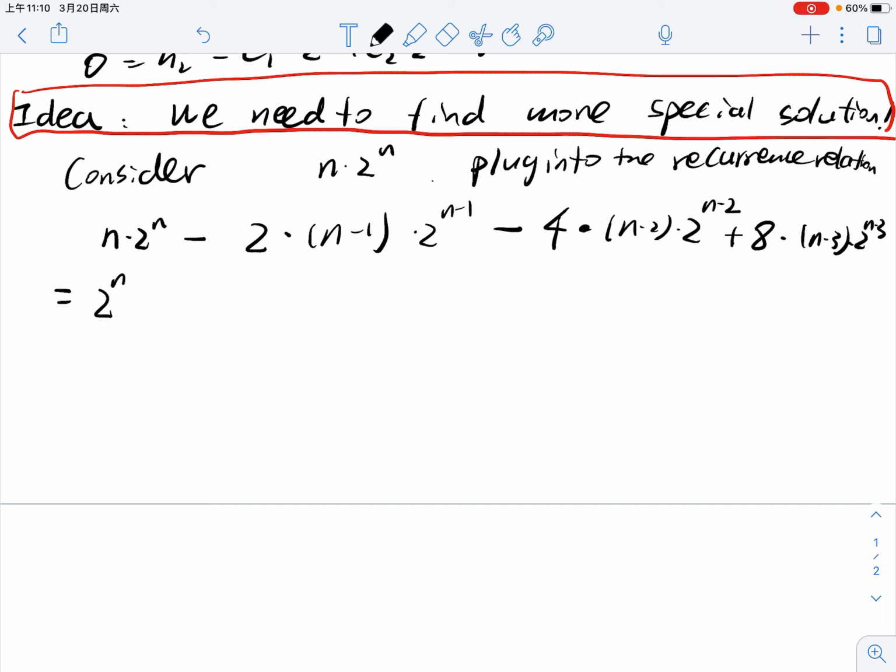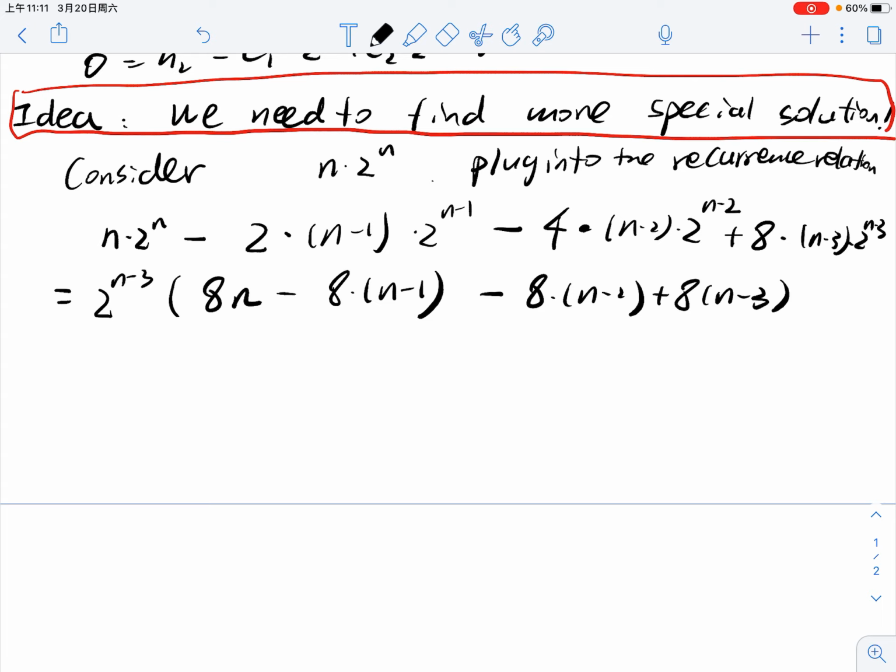Factor out 2 to the n minus 3, you have 8n minus 8(n minus 1) minus 8(n minus 2) plus 8(n minus 3). It's 0.